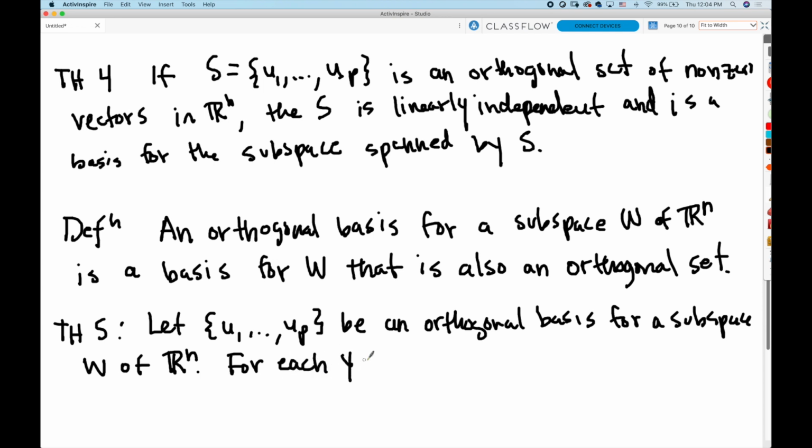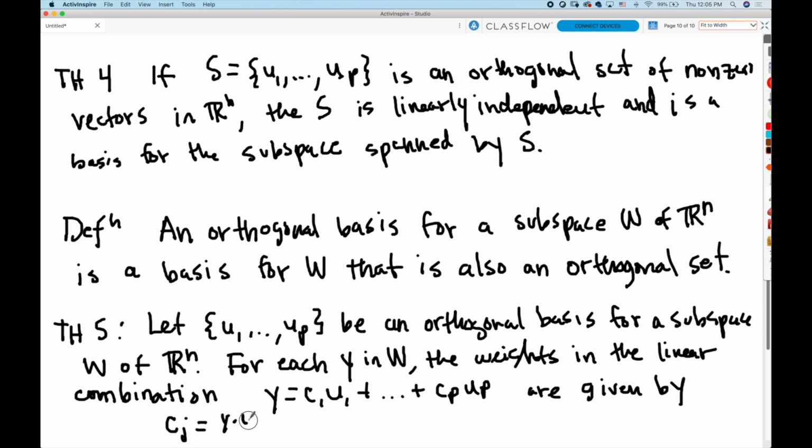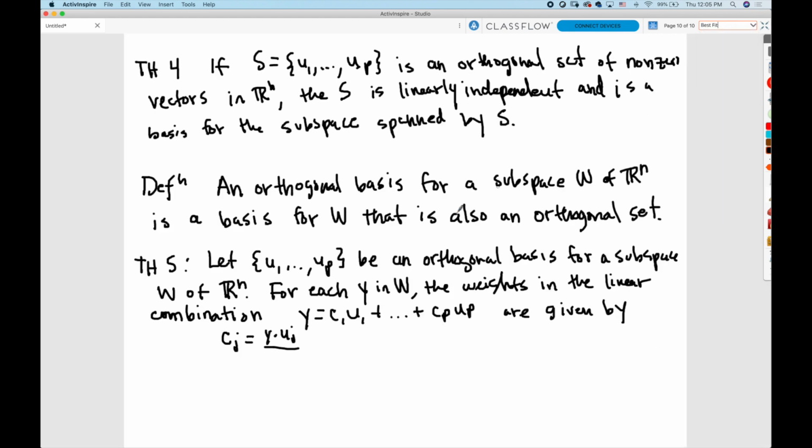For each y in W, the weights in the linear combination y equals c1 u1 plus up to cp up are given by c sub j is equal to y dot u sub j over u sub j dot u sub j, for j equals 1 to p.